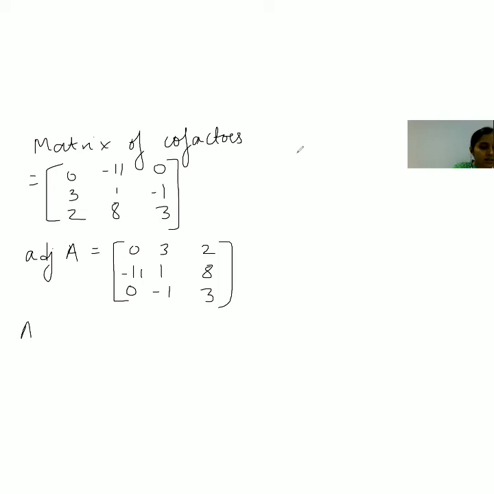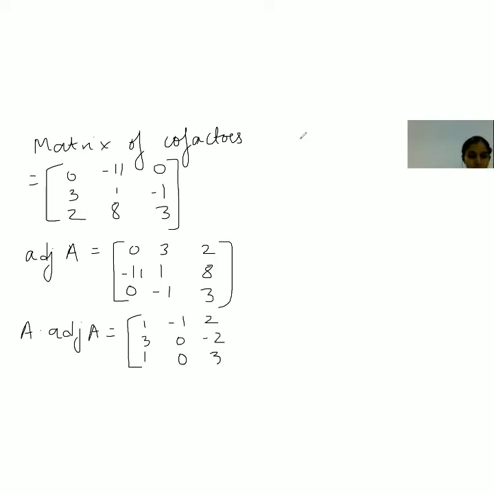Okay, so let us begin. A into adjoint of A is equal to, let us write the A matrix first. 1, minus 1, 2, 3, 0, minus 2, and 1, 0, 3.